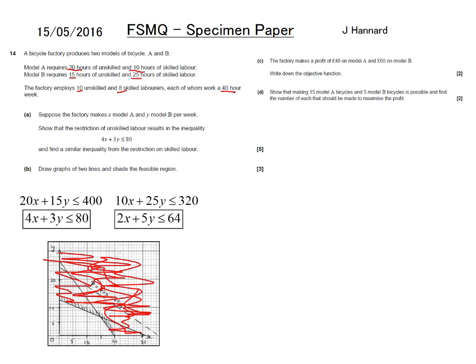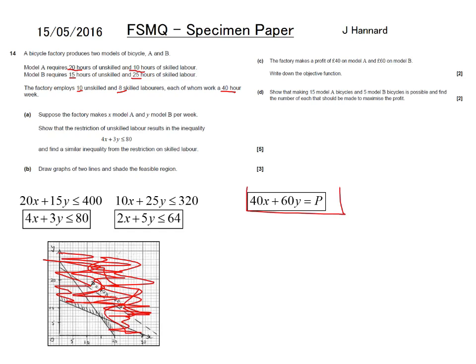The factory makes a profit of 40 on model A and 60 on model B, so that means 40x plus 60y is P, which is our objective function, and show that making 15 model A and 5 model B bicycles is possible, and find the number of each that should be provided.